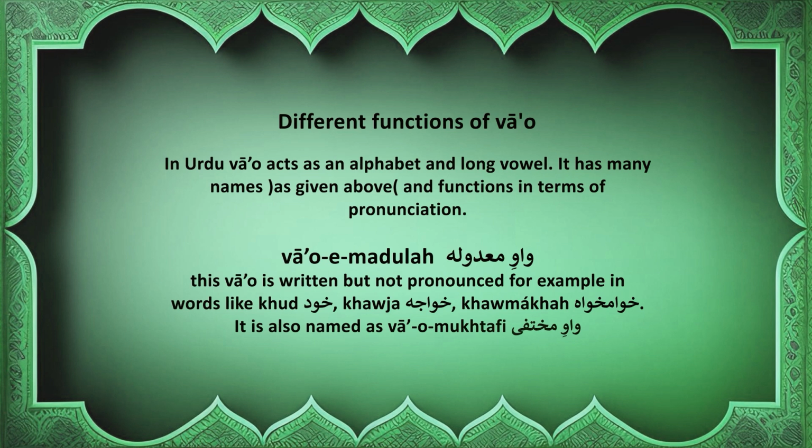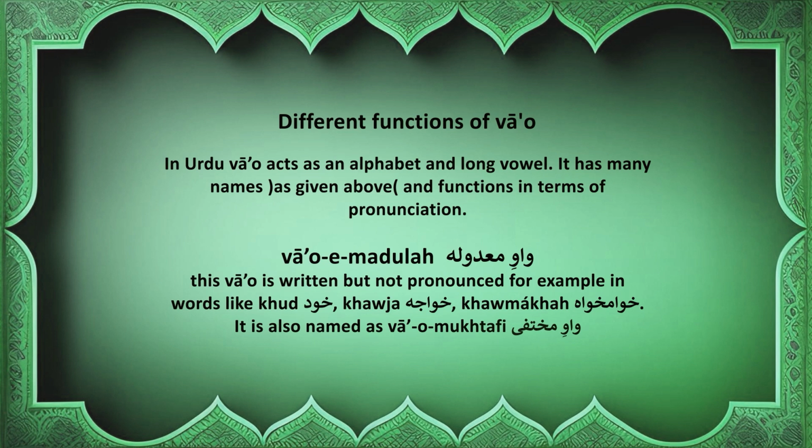The second example is khaja. We have actually, when vav is written, we should read it like khawaja, but we should know that it is vav madula. It is only written, not pronounced. So we omitted this vav in pronunciation.